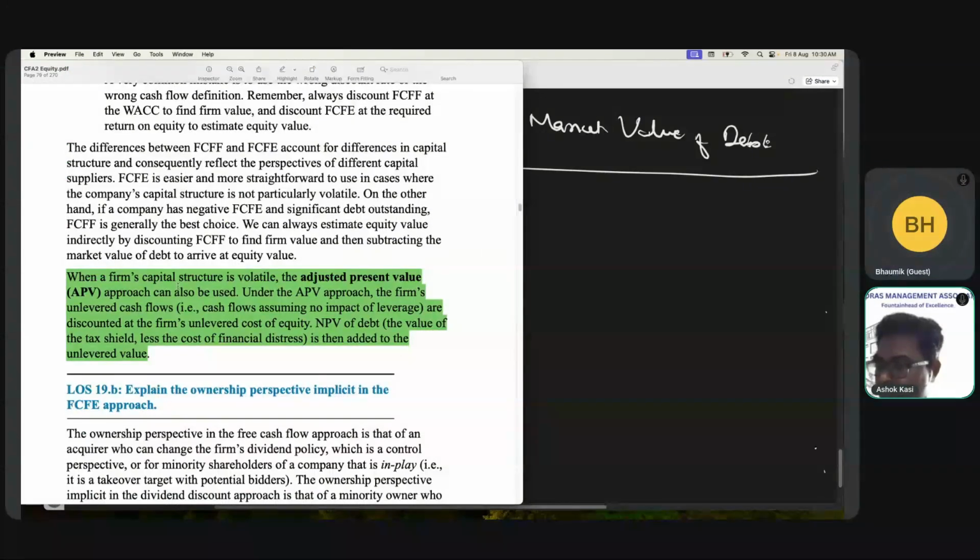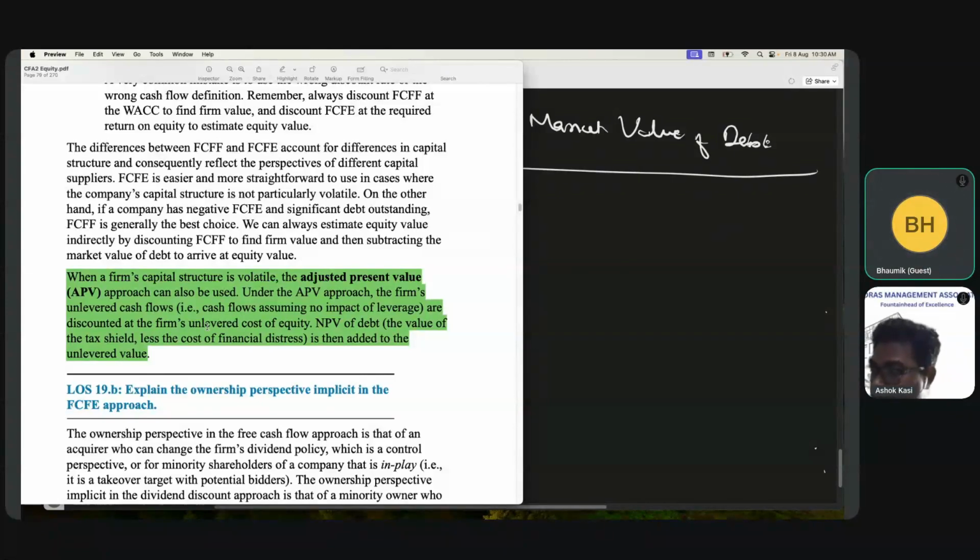Now this is another small concept. When your firm's capital structure is volatile, the adjusted present value approach can also be used. What is that adjusted present value? The firm's unlevered cash flows, that means cash flows assuming no impact of leverage, are discounted at the firm's unlevered cost of equity.